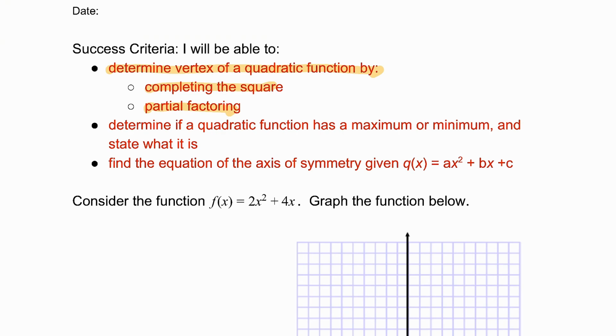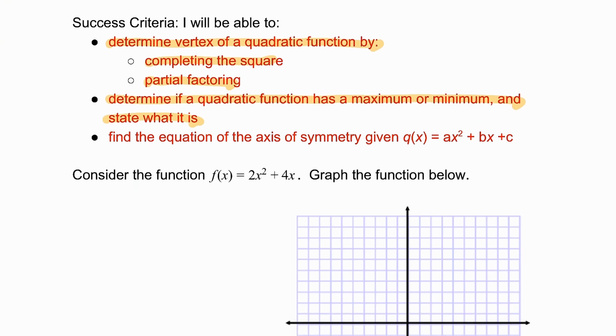These next two are really kind of review. Determine if a quadratic function has a maximum or minimum and state what it is. We did that above already as an example. And finally, the last thing is we want to find the equation of the axis of symmetry given any quadratic equation in standard form.